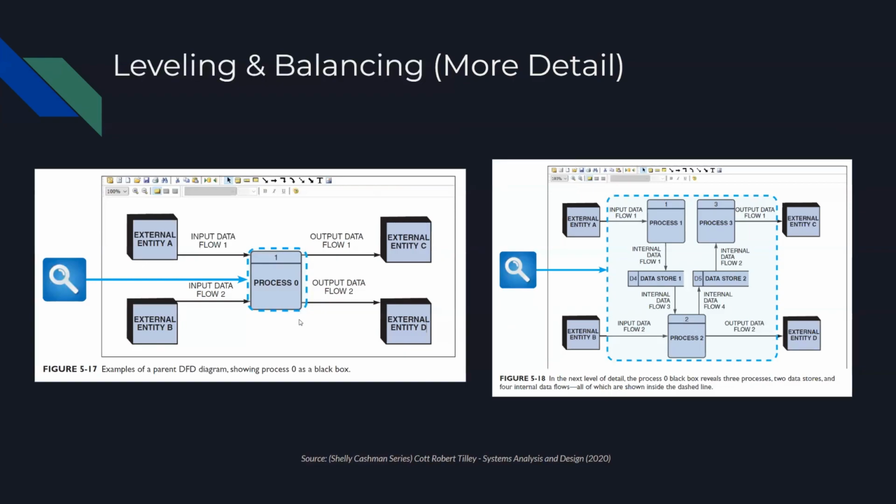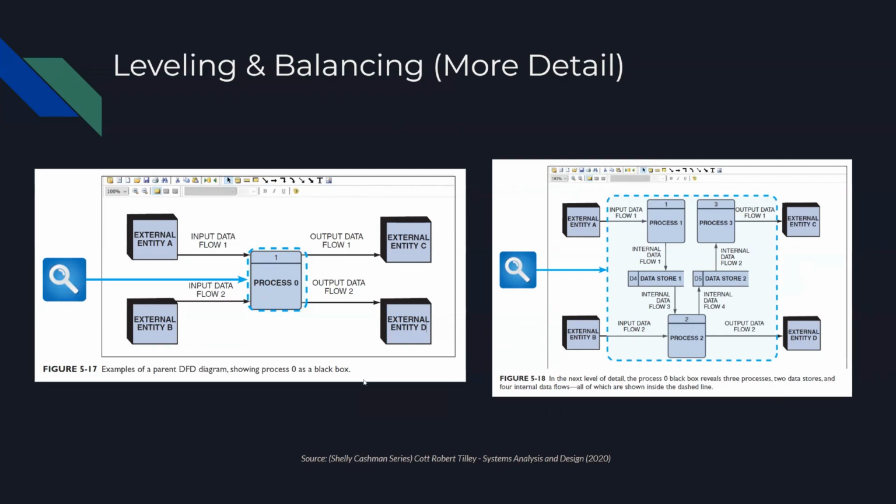So in terms of leveling, it's also known as exploding or decomposing in the methodology of data flow diagrams. It involves using a series of increasingly detailed data flow diagrams to depict just one information system. It starts with an overview using a context diagram, seen over here, containing one single process as a symbol.